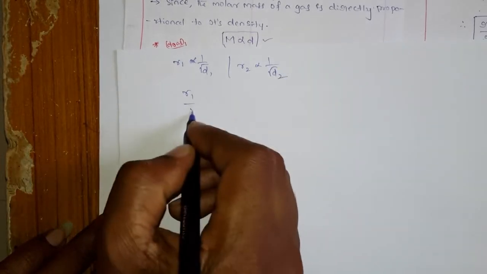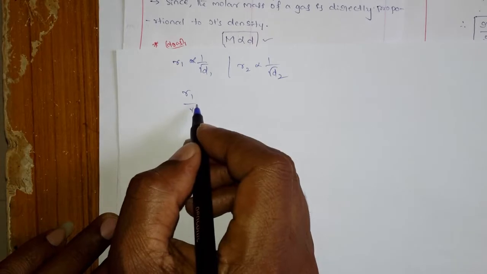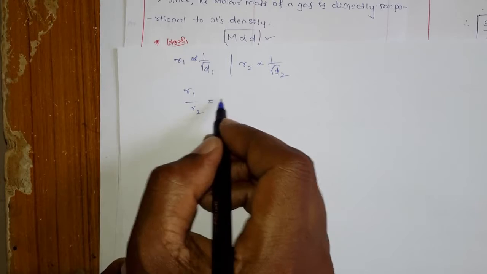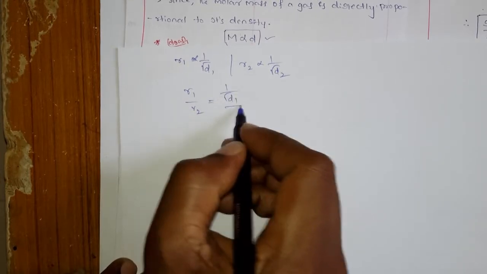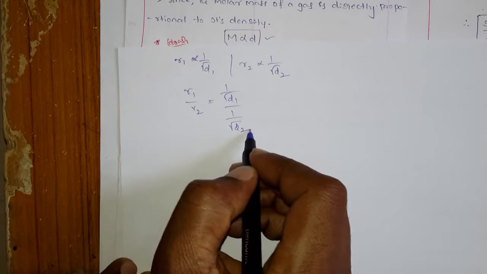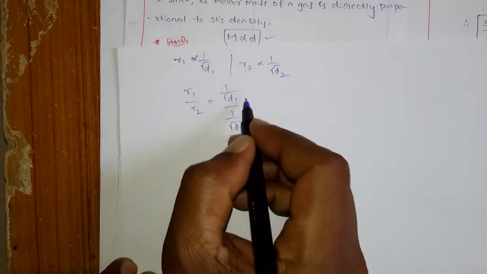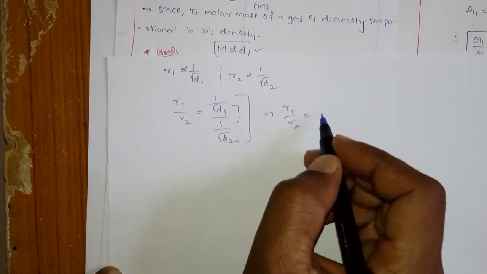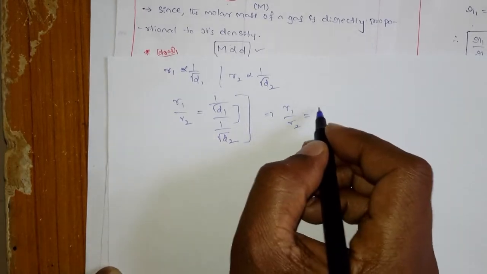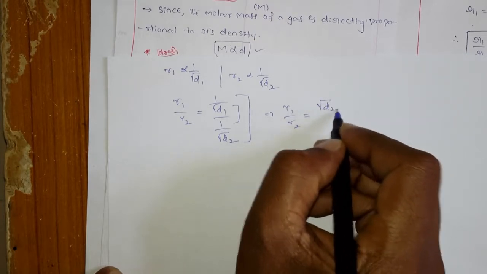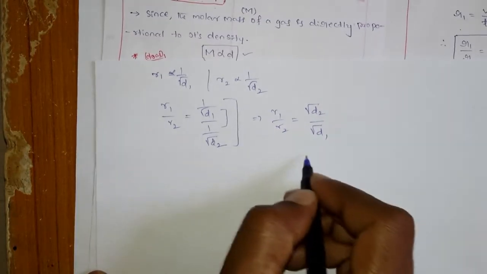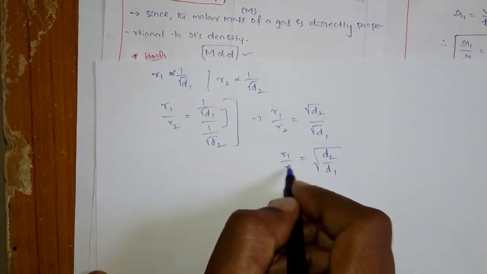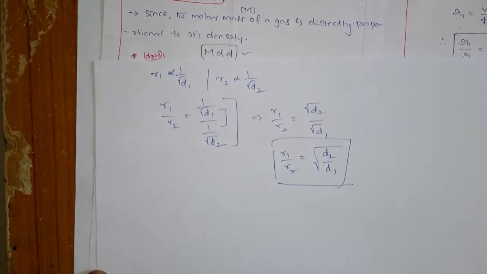You take the ratio R1 by R2, which equals 1 by square root of D1 divided by 1 by square root of D2. Then you can write R1 by R2 is equal to square root of D2 by square root of D1. It is simply mathematical relations, nothing chemistry here. You can also write this as a whole square root of D2 by D1, that is R1 by R2. Okay, so this is the relation.